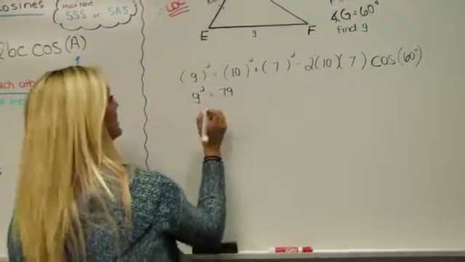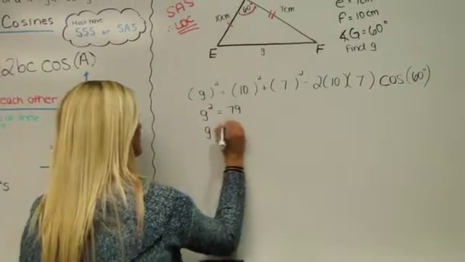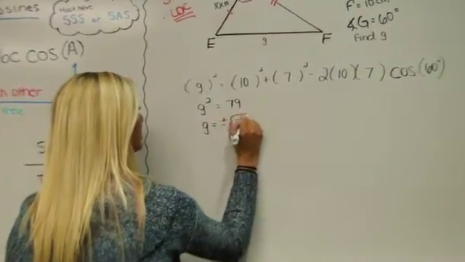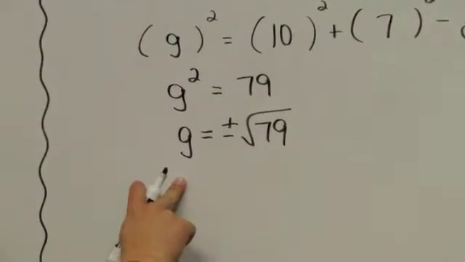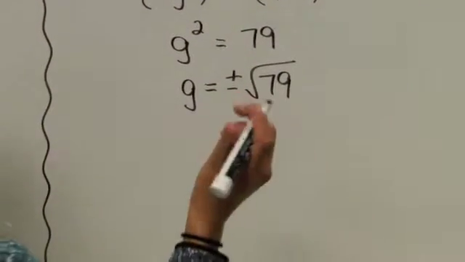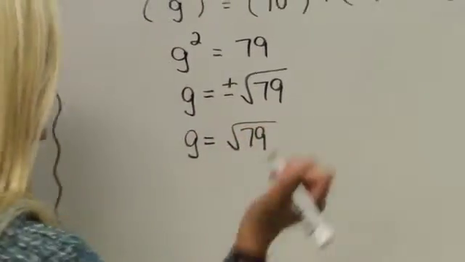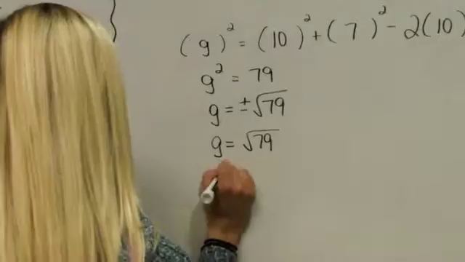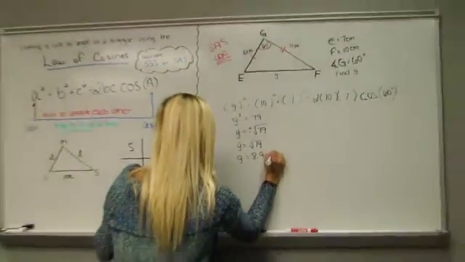To get g by itself, you would take the radical of both sides. So you would have g equals plus or minus radical 79. But since g represents the side of a triangle, it can't be negative, so you would get rid of that. You would be left with g equals positive radical 79, which is going to be 8.9 centimeters.